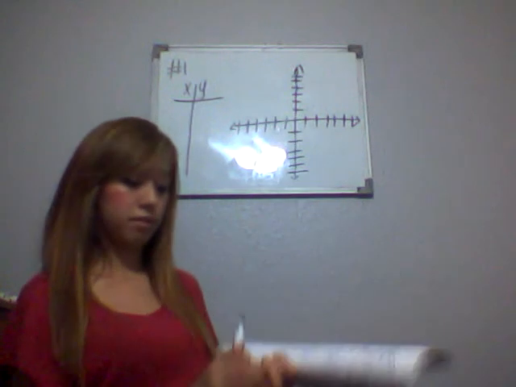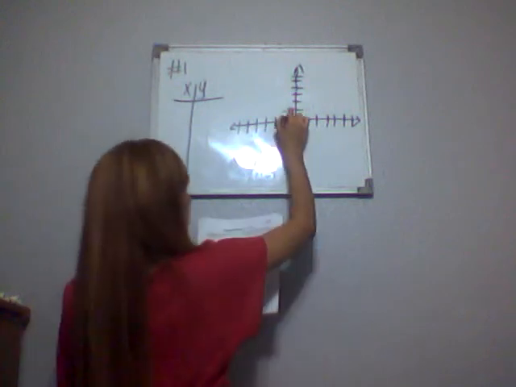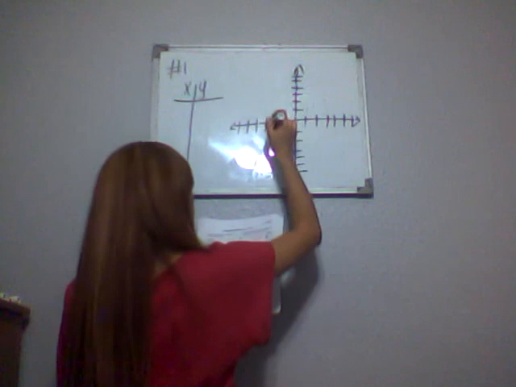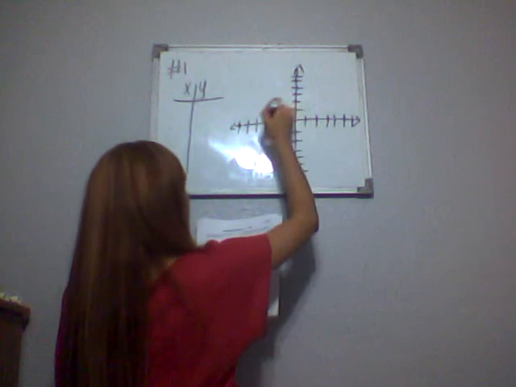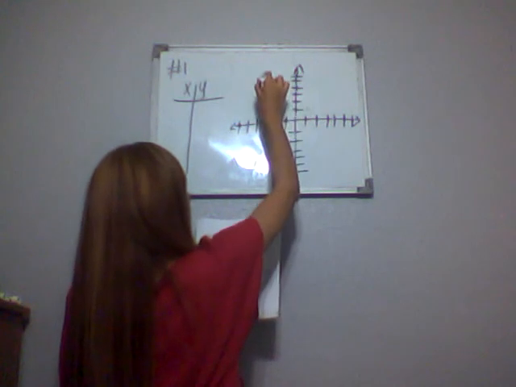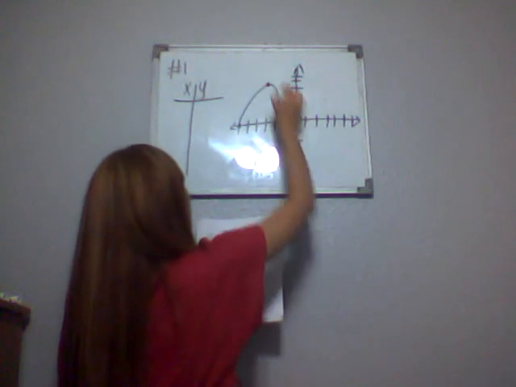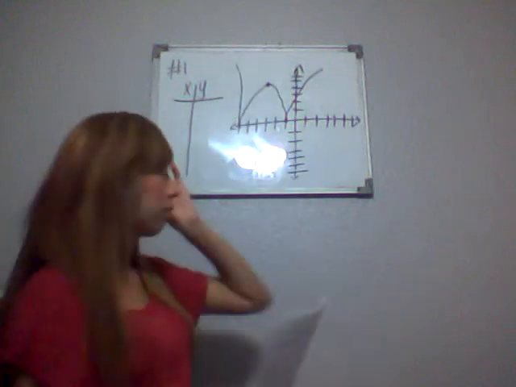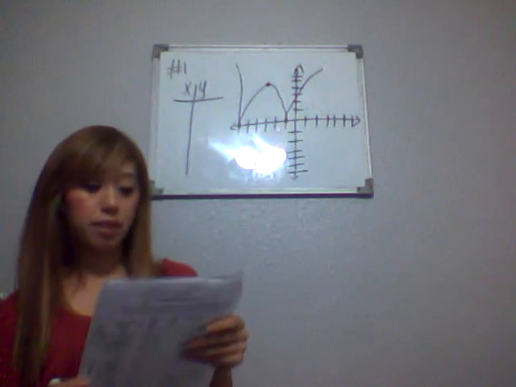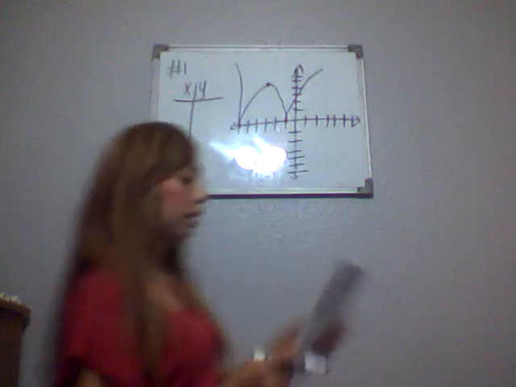The graph already gives you the parent function, which is this one right here. Your graph looks like that. Now you're going to find 5 ordered pairs on your x and y table, and I'm going to give you the points that you need to find.